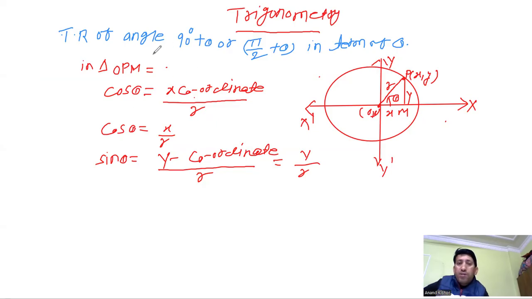Now see, the heading given is 90 plus theta. So now this point P goes into the second quadrant, and another point we can take, this is Q. This point P makes angle theta with the x-axis. Now this revolving line goes into the second quadrant such that this angle is theta.